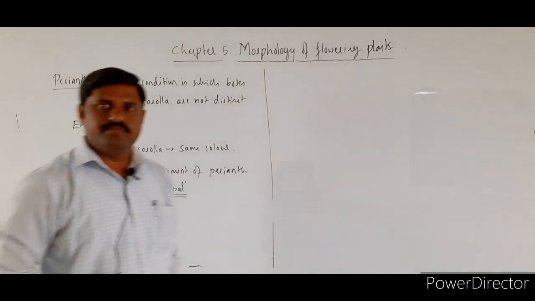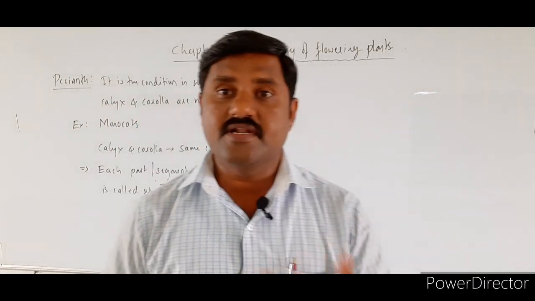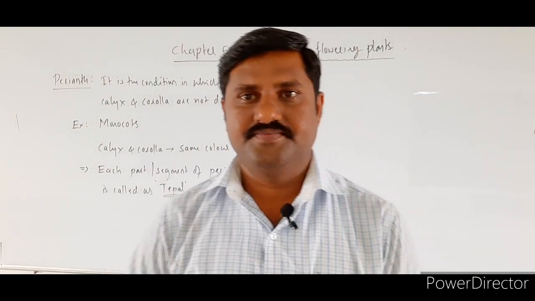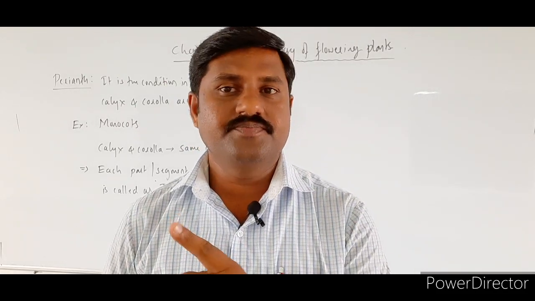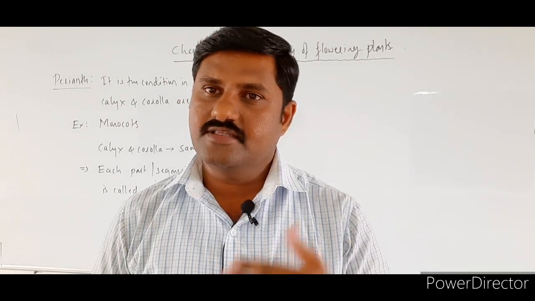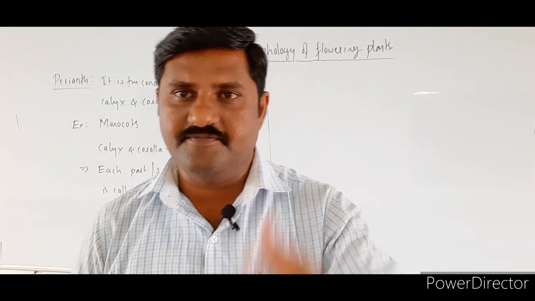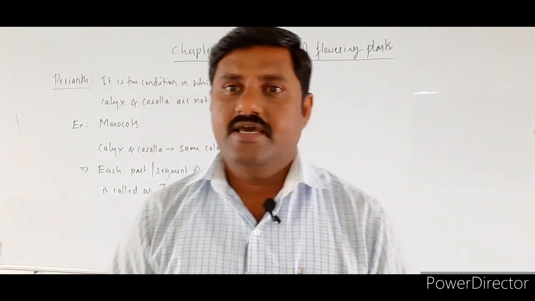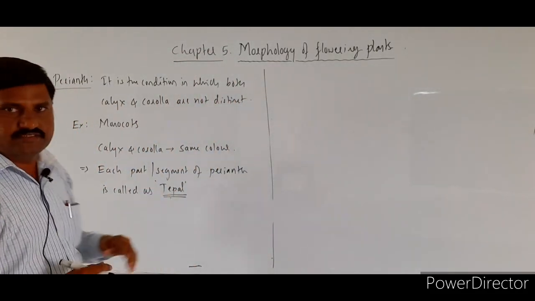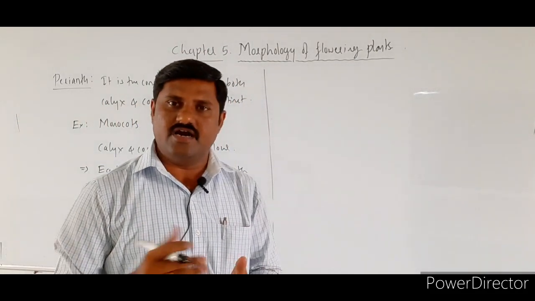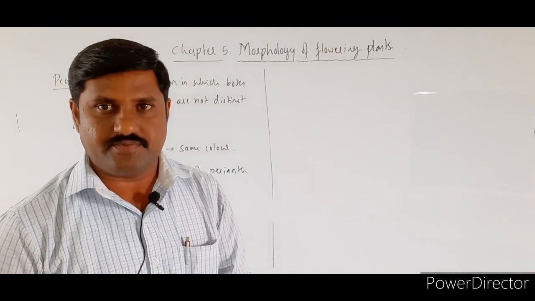So you know, in calyx, sepals together form calyx. In case of corolla, all petals together form corolla, right? So these are the different whorls of the flower. In the same way, one whorl, that is nothing but perianth. So it may be a single whorl or two whorls which are not distinguishable one.